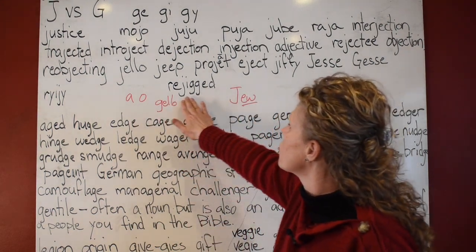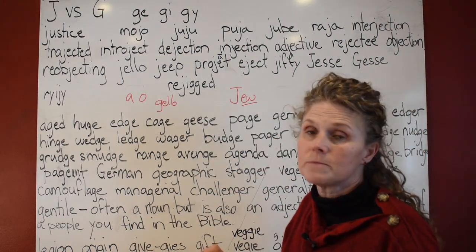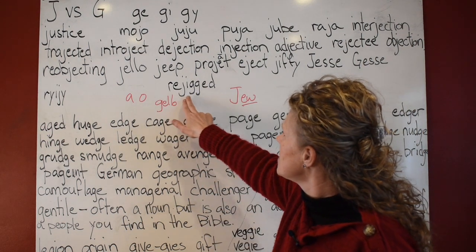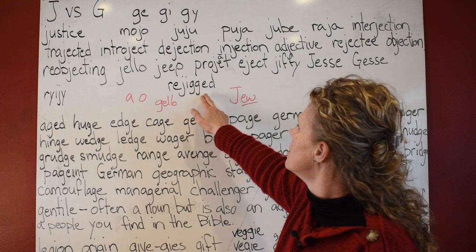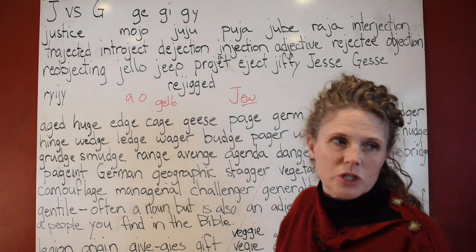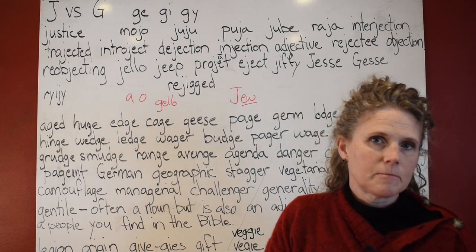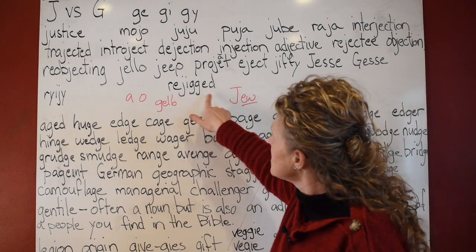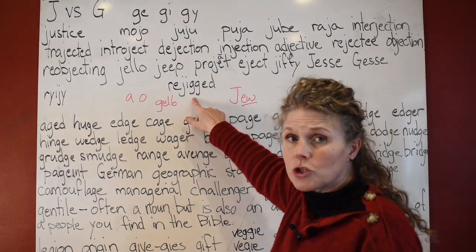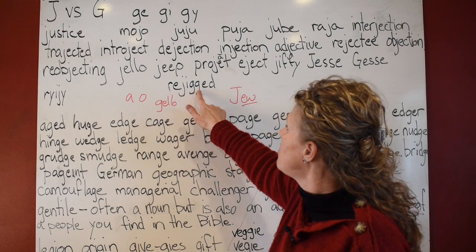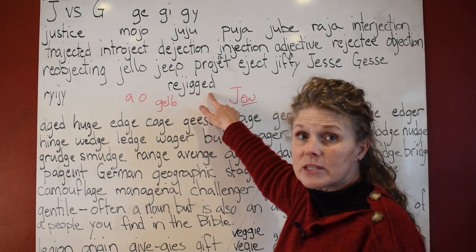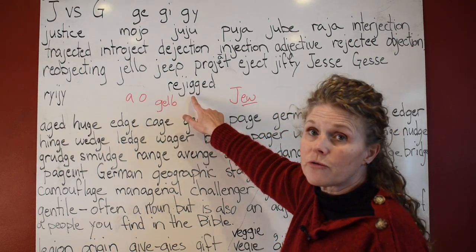Now, if you look at rejigged, what's happening here? Rejig. It's saying G, but how come it's not switching to the J sound? Because it's doubled. Awesome. Okay, so because it's doubled, now this jig is your base word. You have a prefix, a base word, and you have a suffix, but you had to do the doubling rule for this.